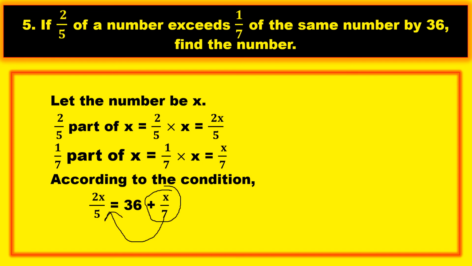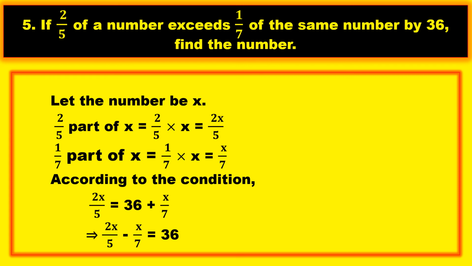Whenever you are sending a term across the equation, you should see the symbol with respect to that term. Here the symbol for this one is plus. So whenever plus goes to the other side, it becomes minus. So 2x by 5 minus x by 7. Here this 36 will be written as usual on the right side only. So I didn't change any symbol for this one. So it is 2x by 5 minus x by 7 equals 36.